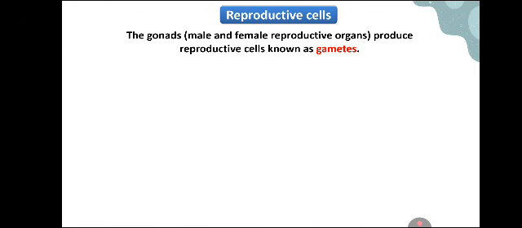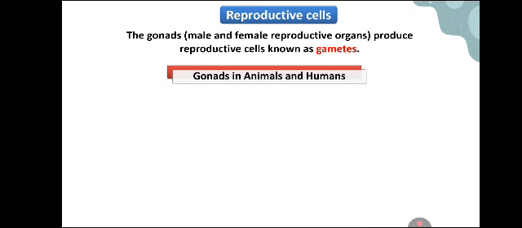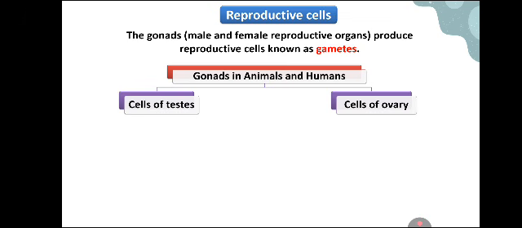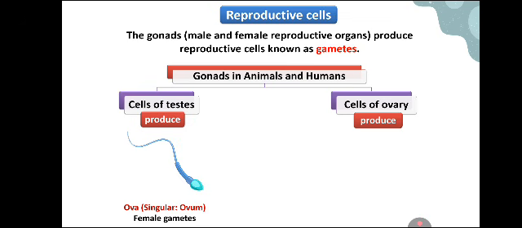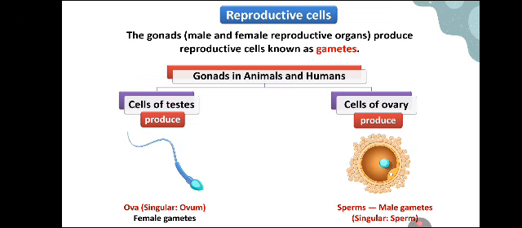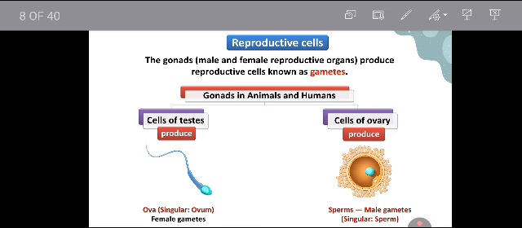So what is the reproductive cell in the animal and the human? In the animal, the male one has two testes. The testes produce sperm, and in the plant the anther produces pollen grain, and the ovary produces ovules. This is the pollen grain, okay, and this the female one is called ovules.